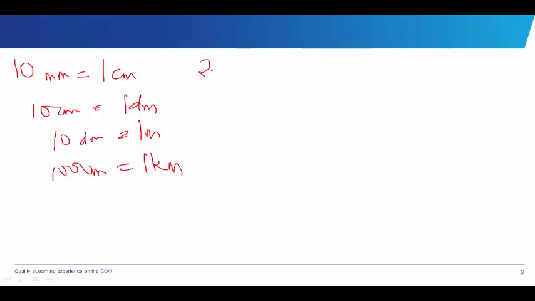So when you are given 20 millimeters, and I am told to convert to meters. Convert 20 millimeters to meters. What we are going to do is to first convert 20 millimeters to centimeters. Since 10 millimeters equals 1 centimeter, it means that 20 millimeters will give us what? 2 centimeters.